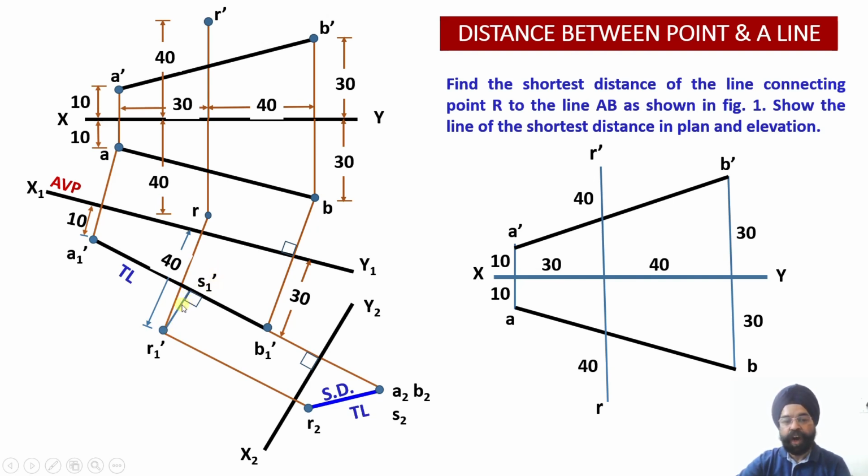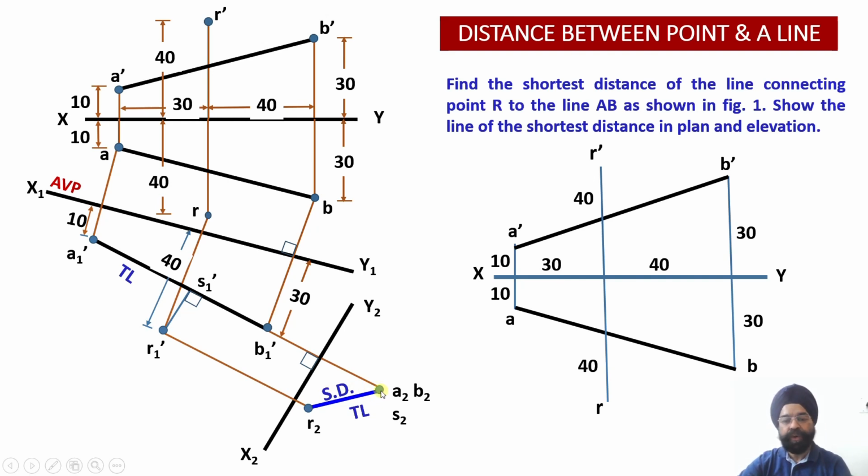that is A1 dash and B1 dash, and wherever this perpendicular meets is S1 dash. So now we get this corollary of projections of a line, that whenever any projection is parallel to a plane, its true length will be obtained on that particular plane. We already discussed this while discussing the rotation of the line as well. So if this projection is parallel to this, then this R2 S2 will be our shortest distance.